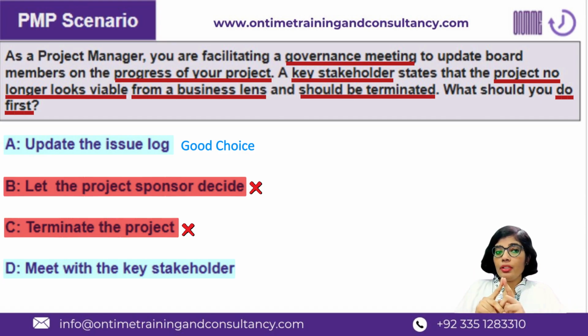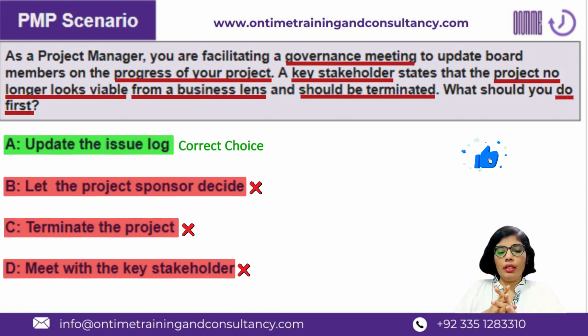And we are expected to come up with the very first thing to do after knowing the situation. So between A and D, A is the right thing to do, to qualify and consider the situation as an issue in the issue log. Later on, update the relevant stakeholders about it, and then have a meeting and an interview with the stakeholder. And if the project manager finds some solid material in his claim, then proceed with the further process.